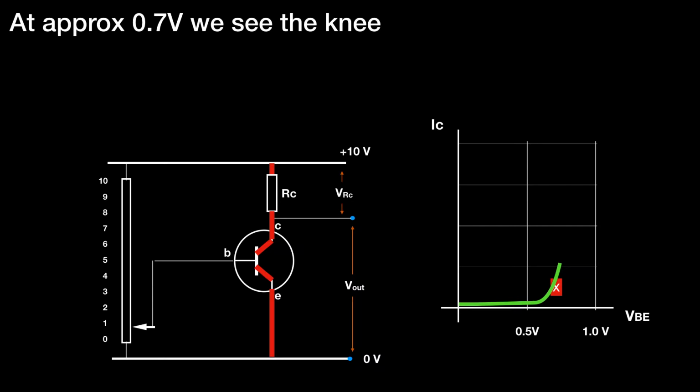So now we're seeing substantial current flowing through the transistor, and therefore through the collector resistor. Maybe we're seeing 5 volts developed across the collector resistor. And once again, Kirchhoff says that will mean 5 volts will be developed across the collector emitter.